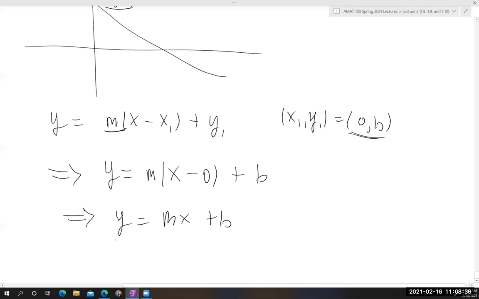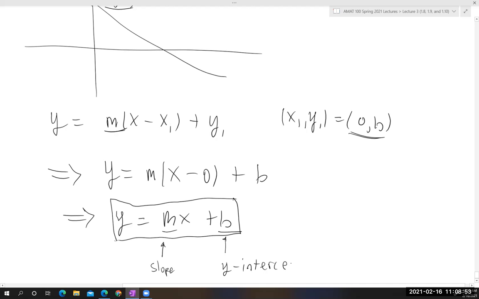So when your equation of the line is in this form, you can directly read off the slope and the intercept. m is always going to be your slope, and this will always be your y-intercept right here. So when it's in this form, you can easily read off the slope and the intercept.